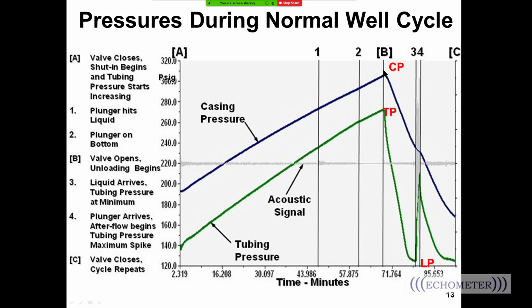So if you look at your casing and tubing pressure plot at the end of shut-in, and you look at your distance compared to your casing minus line pressure, and this distance here is more than half the distance, then usually the plunger won't come up. You usually have to have a smaller distance, a smaller liquid load.